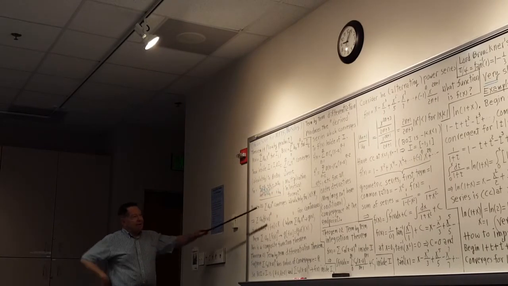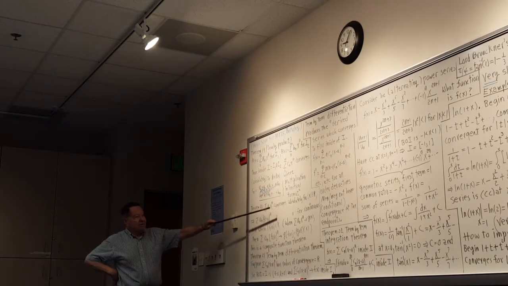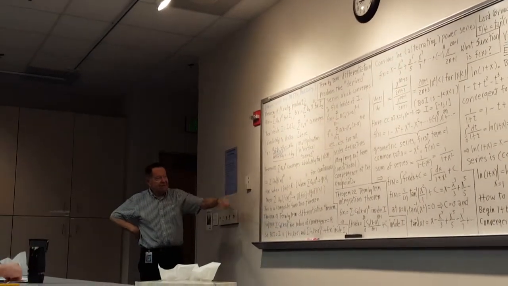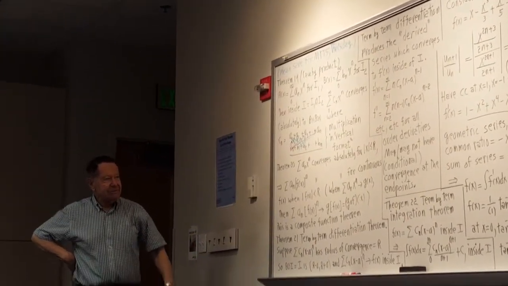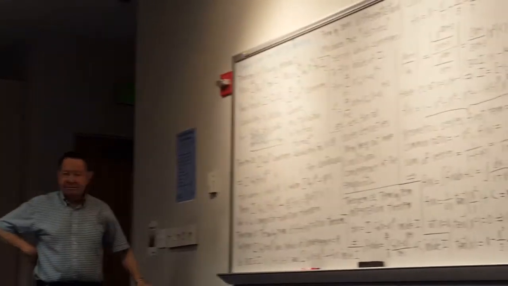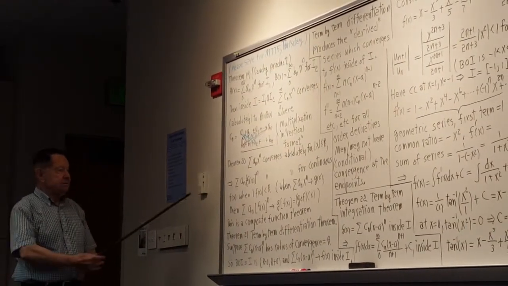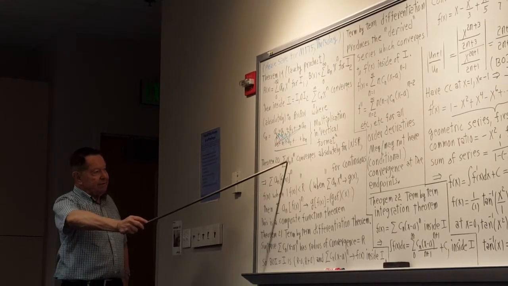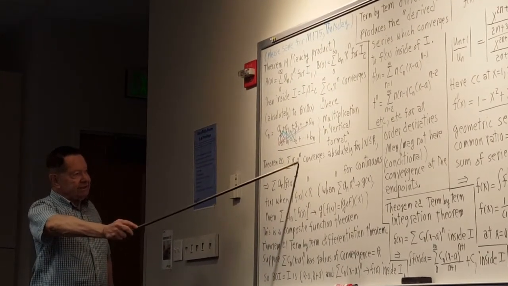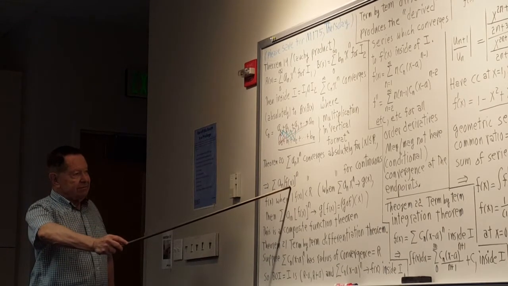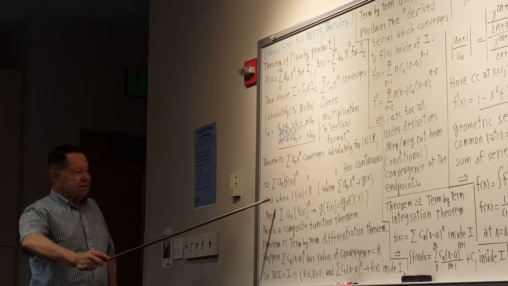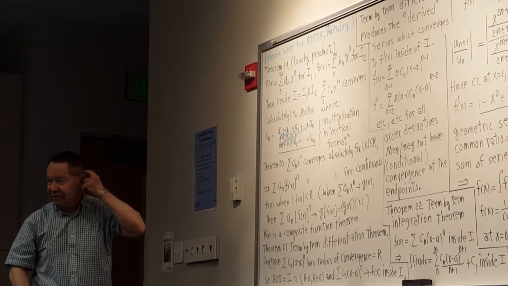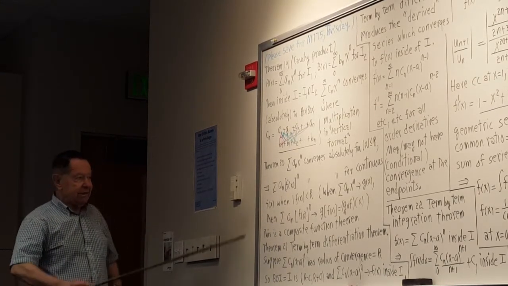So theorem 20 then: if your series converges absolutely for x less than or equal to some r, then that means that if you replace the x's by some f of x, this is how you would make the power series for a composite function.